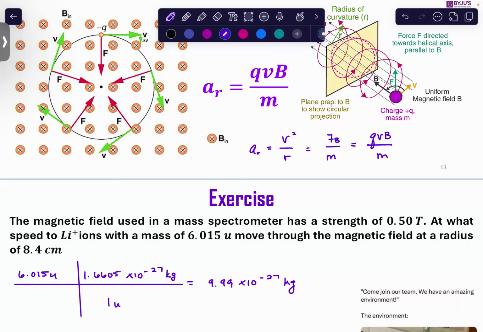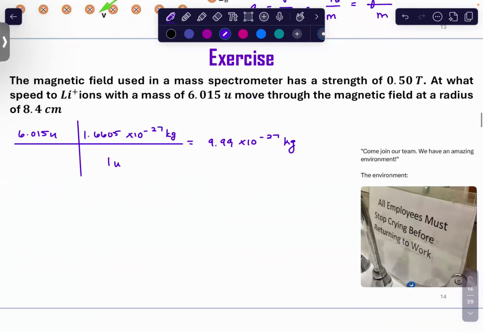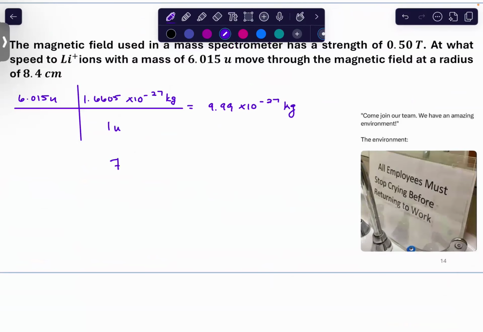FB is one of them. What kind of acceleration do you have? Radial acceleration. Centripetal force.